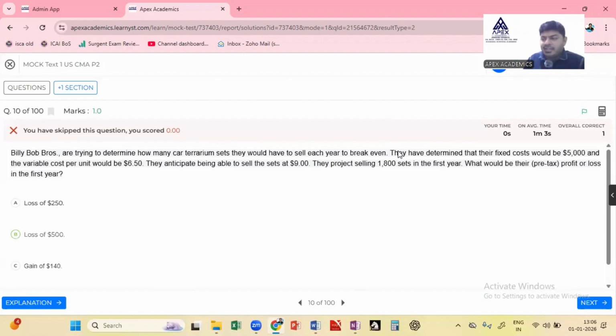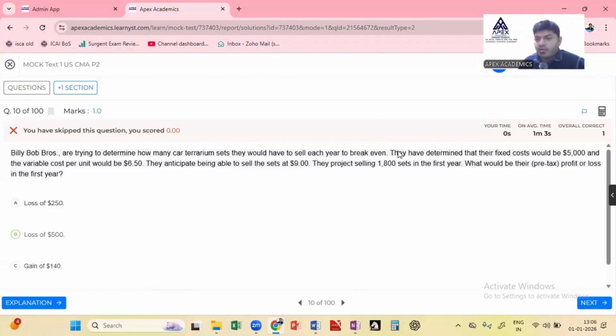They determined that their fixed cost is 5,000 and the variable cost is 6.5 per unit. They anticipate that they'll be able to sell the seats at $9 at the current market. The projected selling is for 1800 seats in the very first year.